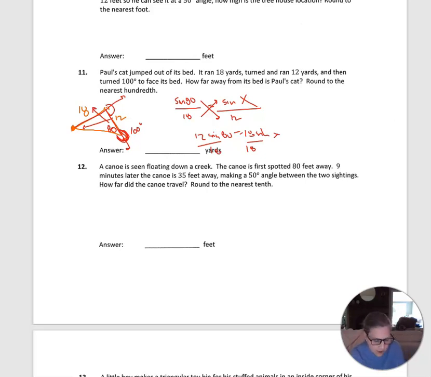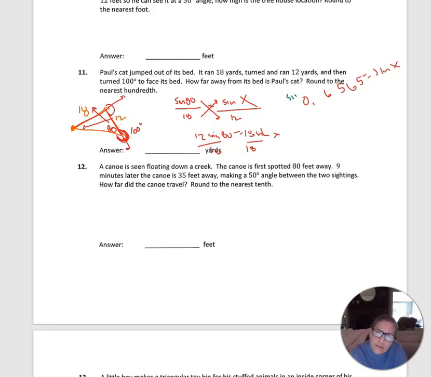Now, it's been a while since we've done this. Let me put this in my calculator. 12 times sine of 80, press enter, divide that by 18, press enter, and I'm getting 0.6565 equals the sine of x. Now, to get rid of sine, I have to do inverse sine.